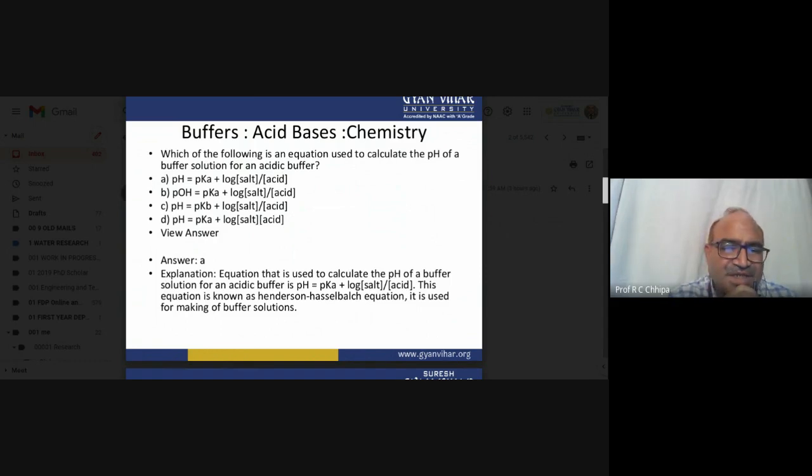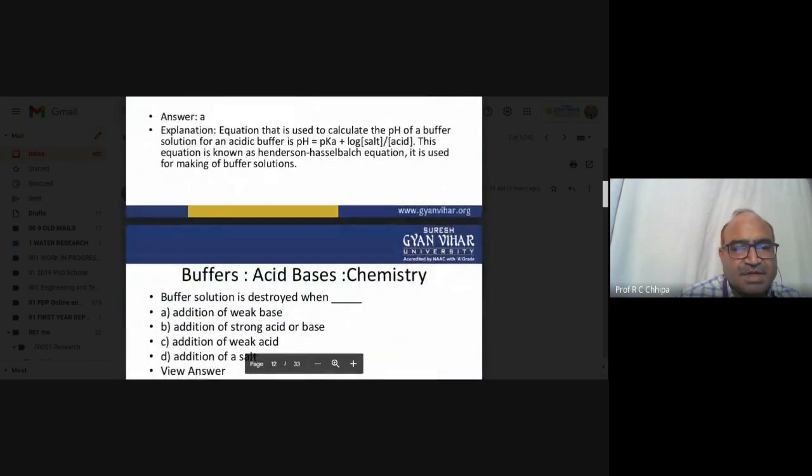This equation is known as the Henderson-Hasselbalch equation, and it is used for making buffer solutions. So this is Henderson's equation, and that is important.